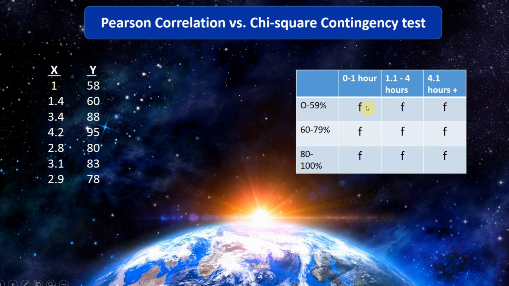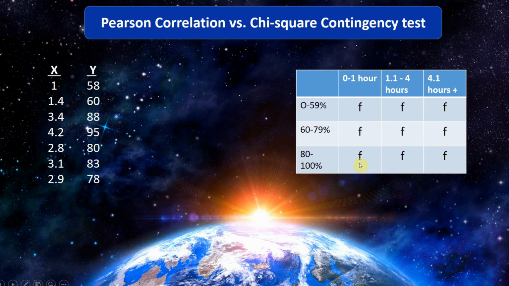So this represents the number of people falling into this category. Those people who studied between 0 and 1 hours and got 59% or less. Over here, this is the number of people who studied between 1.1 and 4 hours and scored between 60 and 79%. So it's the number of people in that category combination.